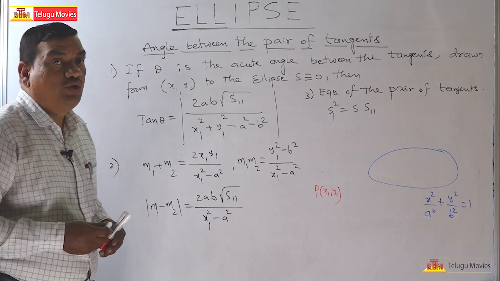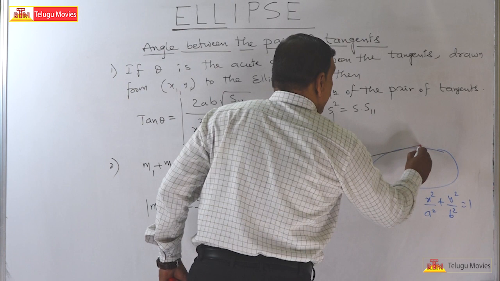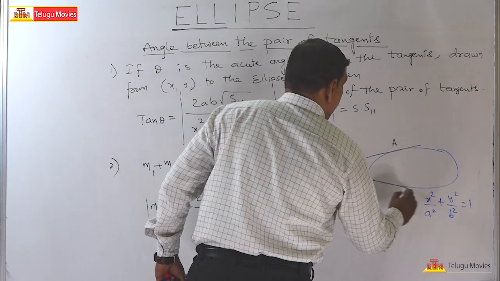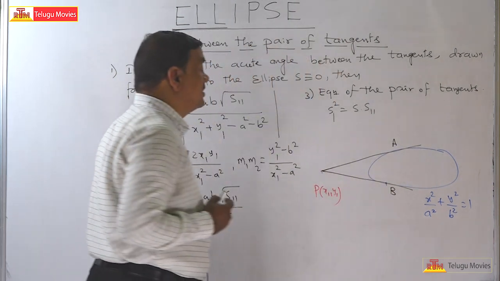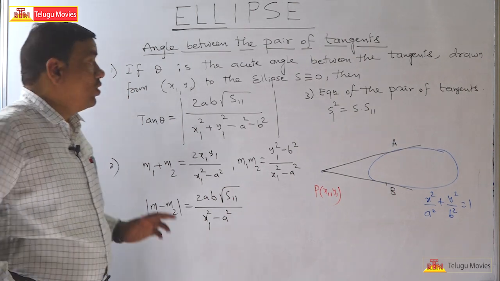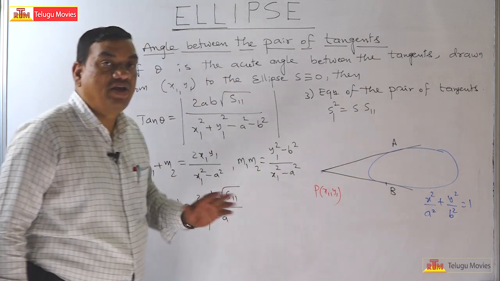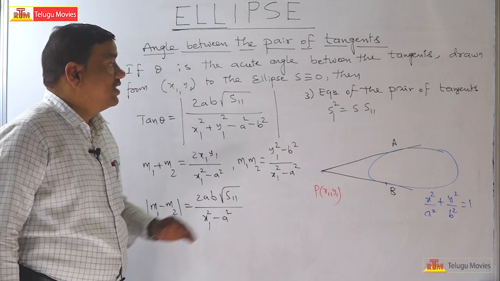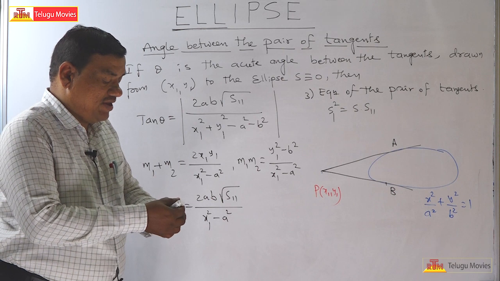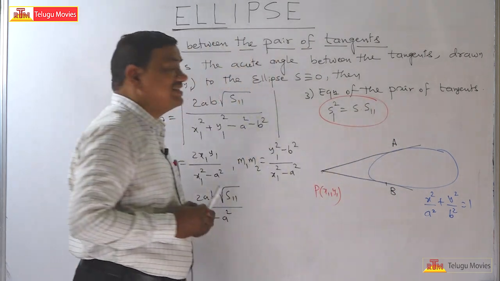From P you can draw two tangents. Let PA and PB be the two tangents. From this, the first thing you have to learn is the equation of this pair of tangents. The equation of the pair of tangents is given by S1 square is equal to S into S11.